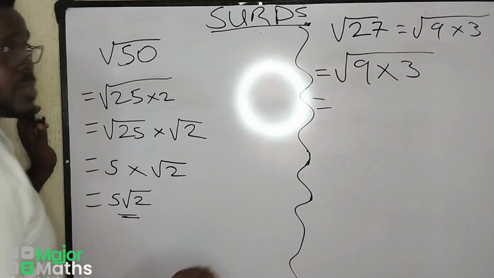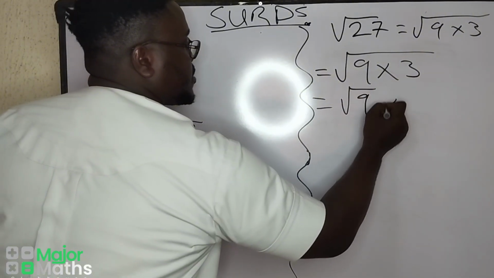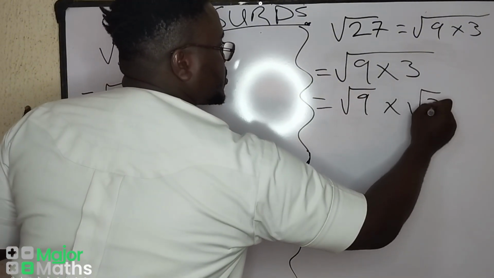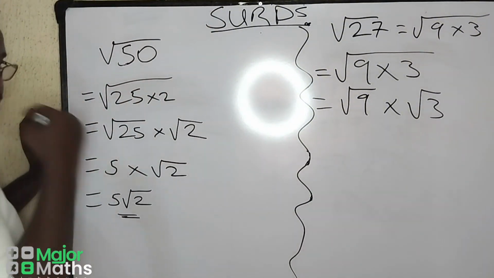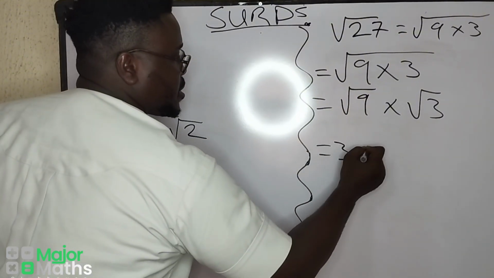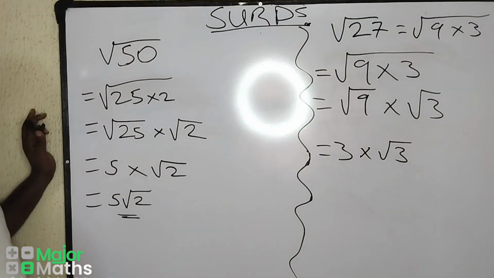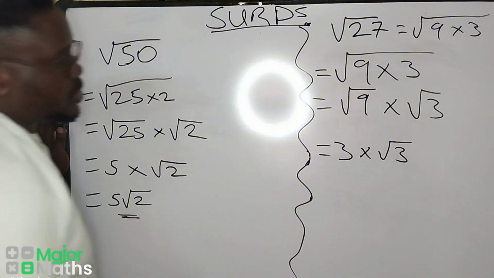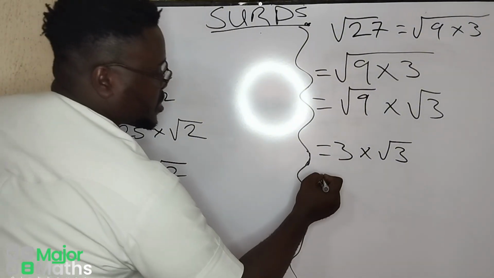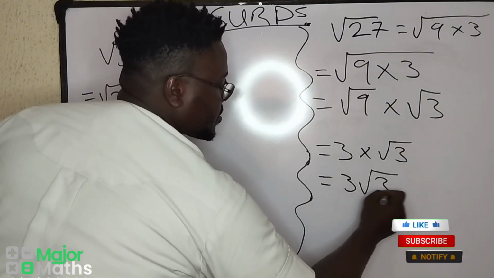Break it down to the individual squares. We have root 9 times root 3. Alright, so root 9 gives you what? 3 times root 3. Root 3 can't be simplified perfectly. So you have 3 times root 3, which is equal to what? 3 root 3.